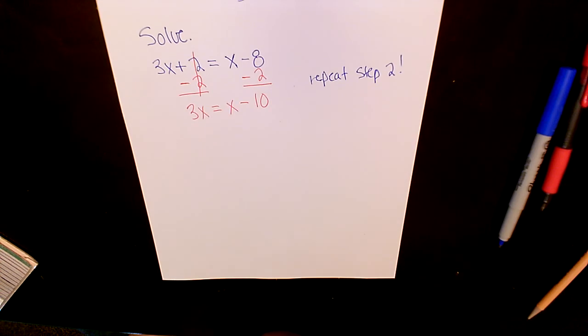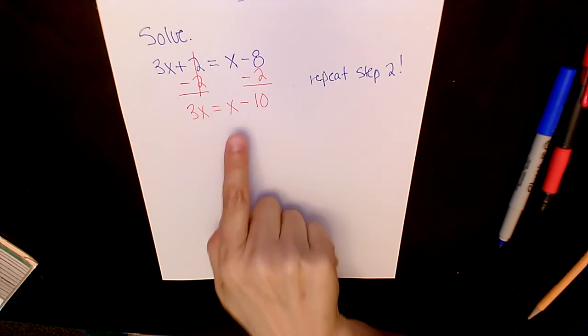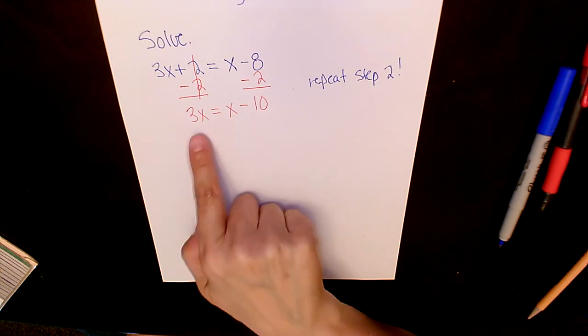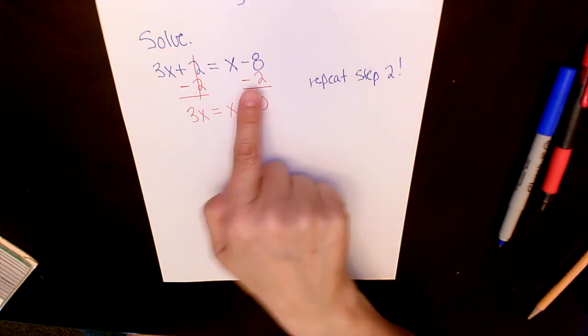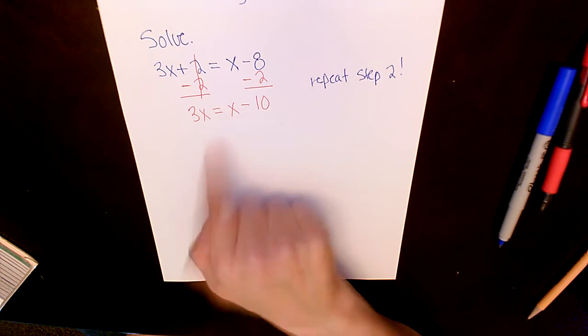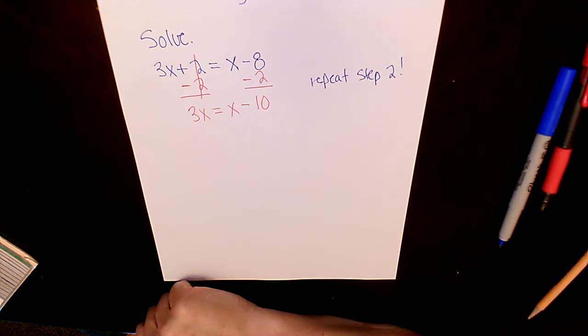Because I still don't have x on one side by itself, I'm going to add or subtract with the variables. I subtracted with the numbers, but now I'm going to either add or subtract with the variables, or the x's.